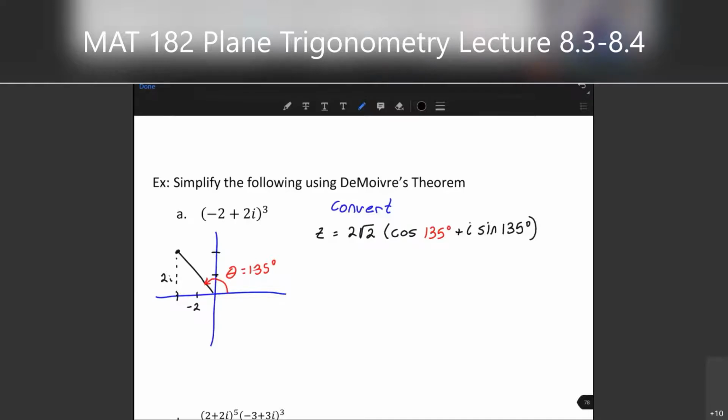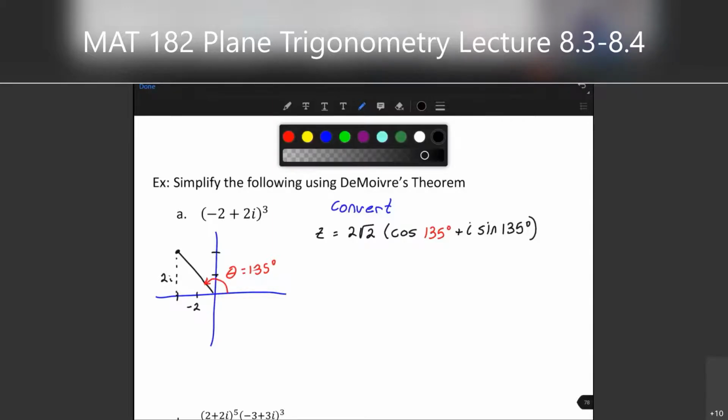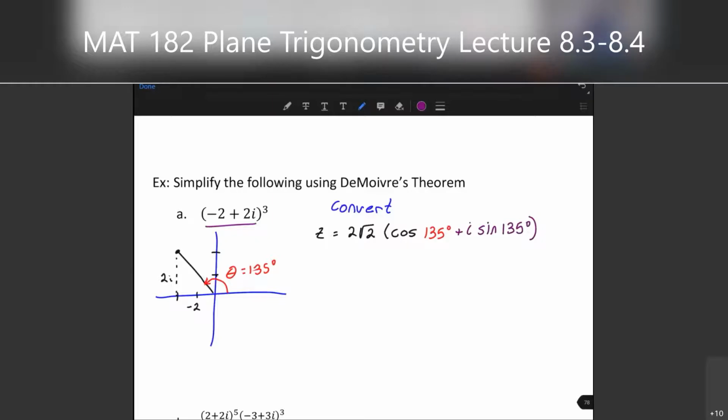Okay, so that is the actual complex number that we're working with, but we do want to cube this. So we're really finding z cubed in this problem. If I'm going to cube this with our properties, let's just write it out in longhand first. I want to cube the modulus. So I'm going to take the modulus, and we're going to cube that.